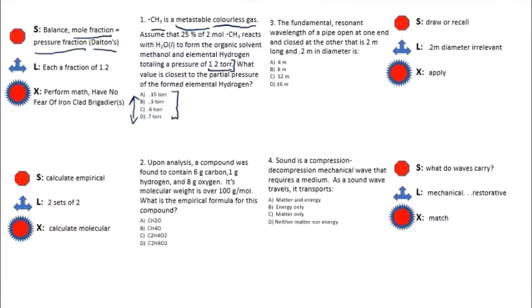The final thing to execute is to use this nifty mnemonic, "Have no fear of ironclad brigadier." In their elemental form, hydrogen, nitrogen, fluorine, oxygen, iodine, chlorine, and bromine are all diatomic gases. So let's balance this equation working backwards from that fact.